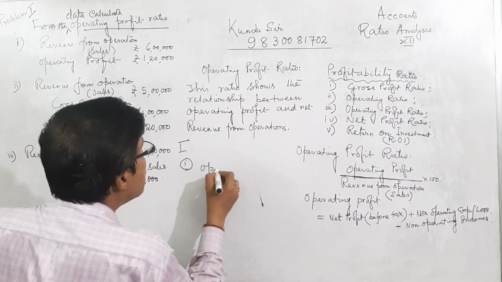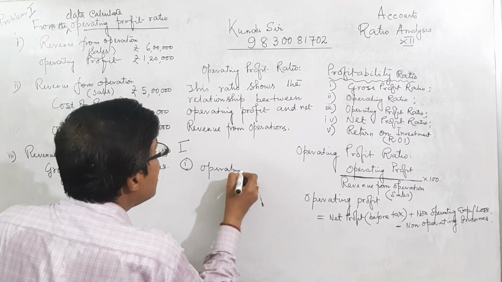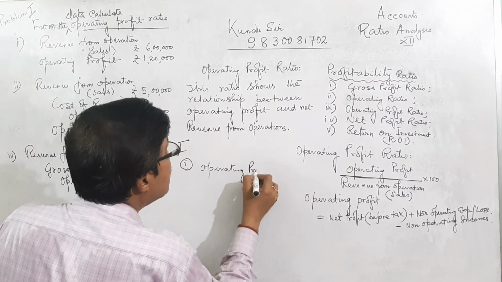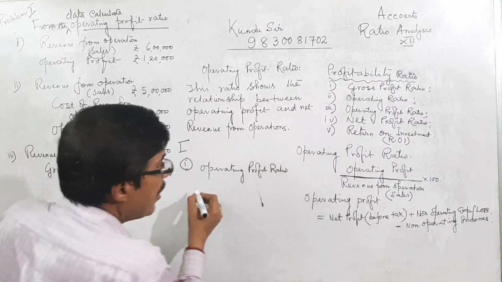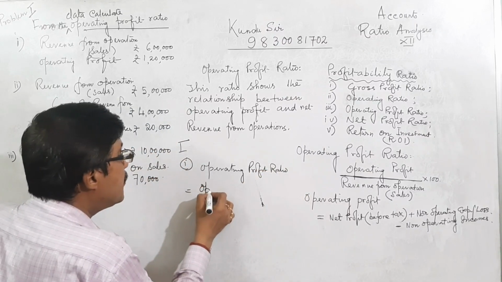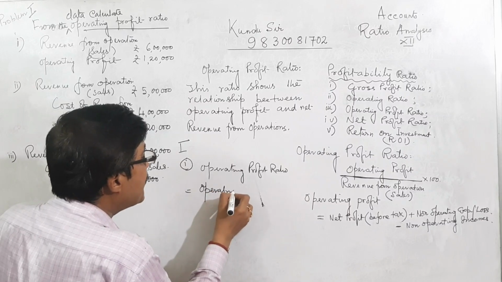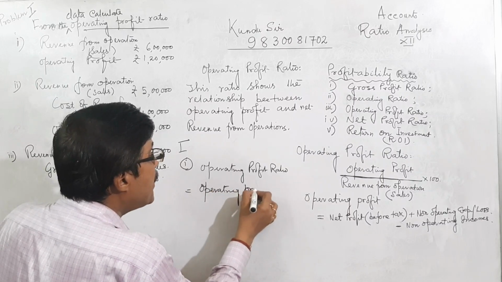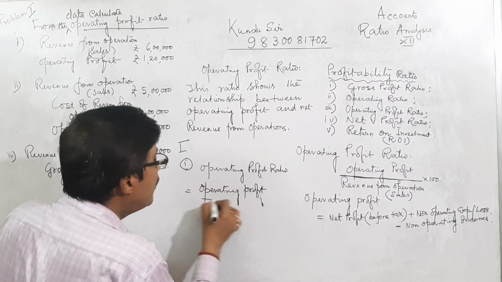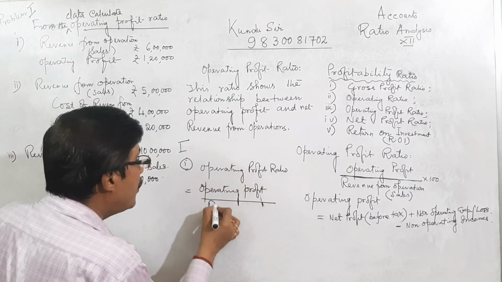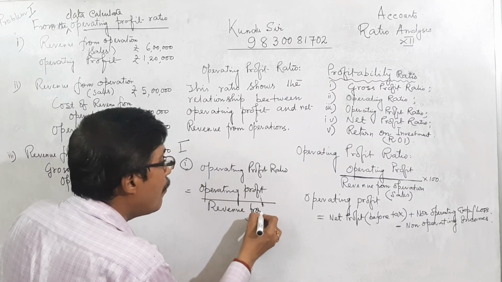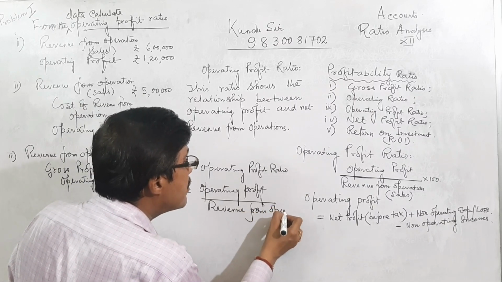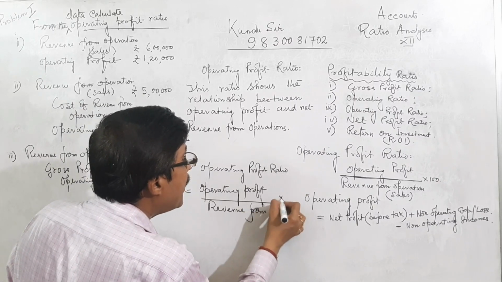Operating profit ratio equal to operating profit upon net sales or revenue from operation into 100.